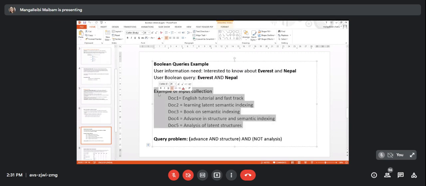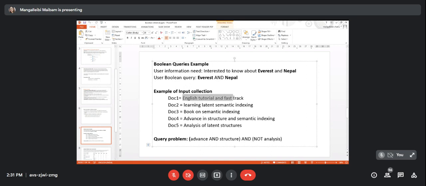You just see the example of an input collection. In the input we will have certain documents: Doc 1, Doc 2, Doc 3, Doc 4 and Doc 5. Each document will have some set of information.